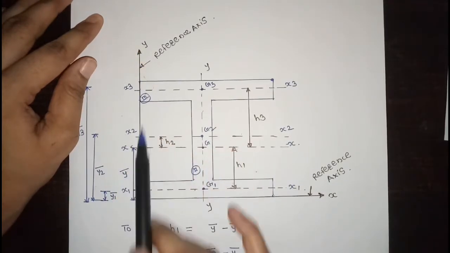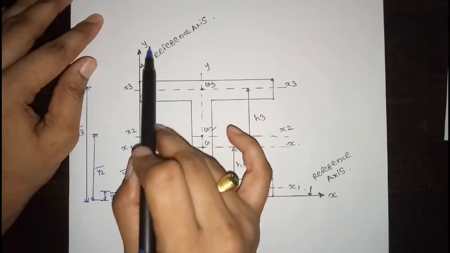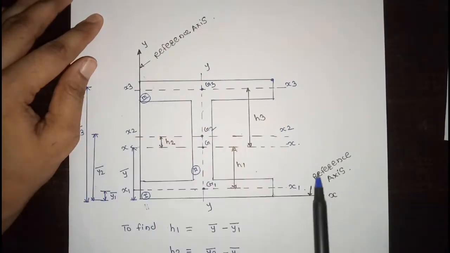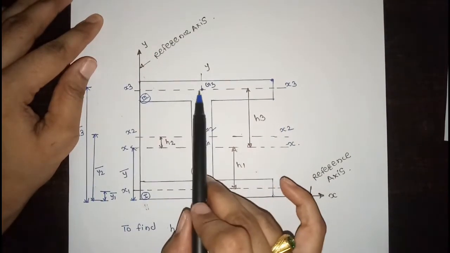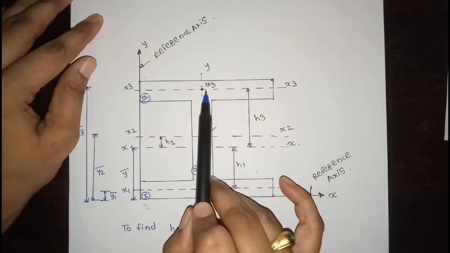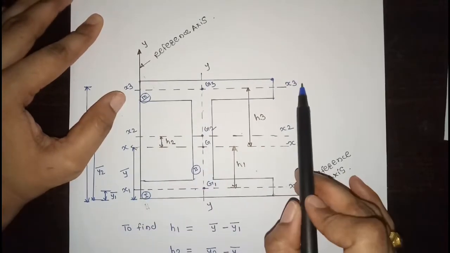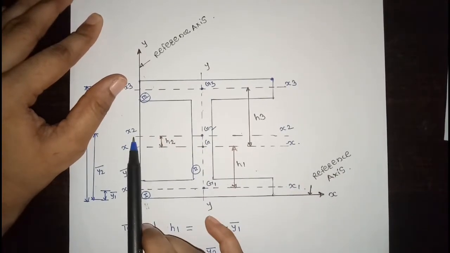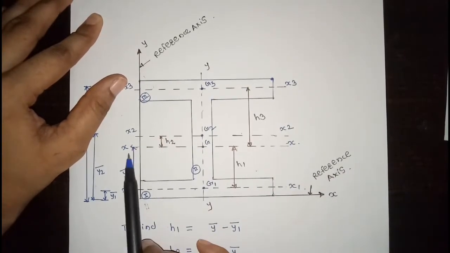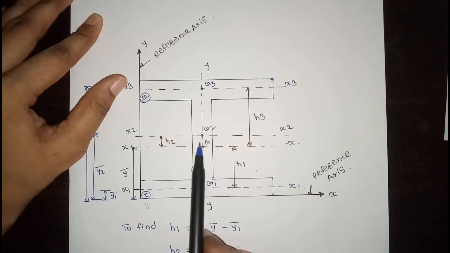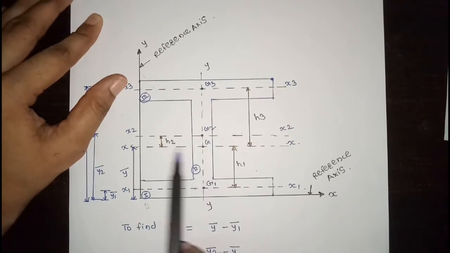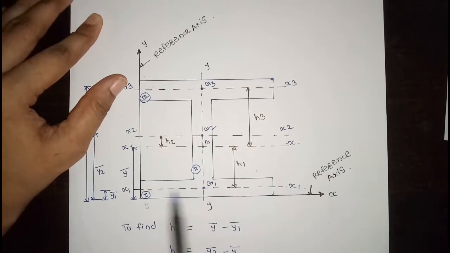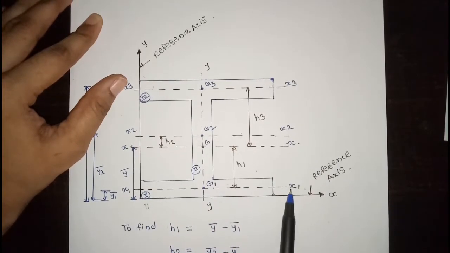We consider the I section in the first quadrant. So X and Y are the reference axes. This is the third section G3 and centroidal axis X3, X3. This is point G2, centroidal axis X2, X2. This is G, the centroid of area, and G1 is the X1, X1 centroidal axis.